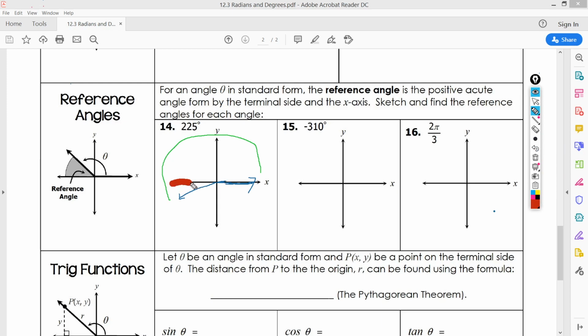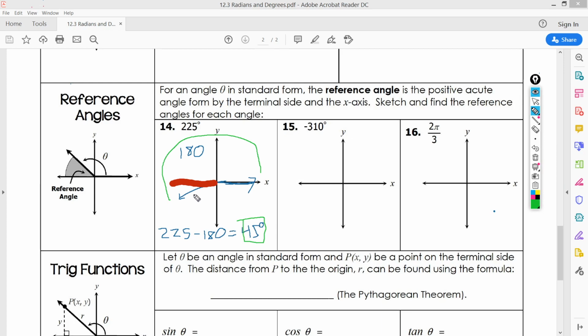That's not really hard because you know that going halfway around the circle is 180 degrees. So what it's really asking is how far past the halfway point this is, which is just 225 minus 180, which is 45 degrees. So that's our reference angle.